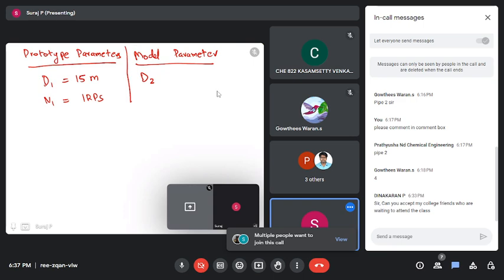So this is the kinematic similarity. The ratio of the velocity should be constant in model and prototype in the x-axis and y-axis.